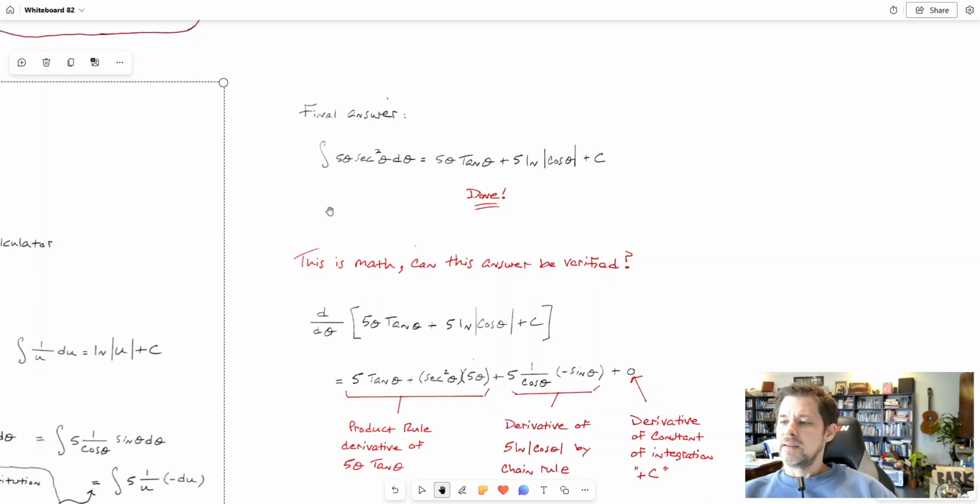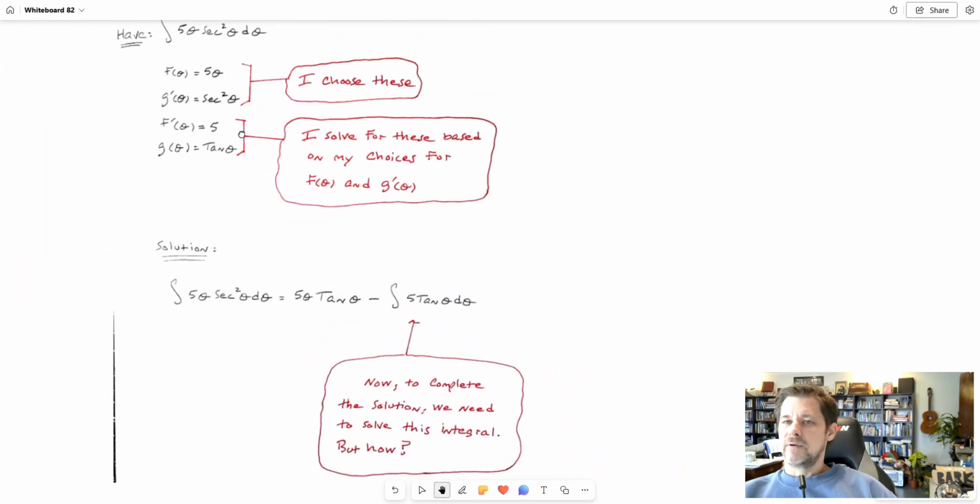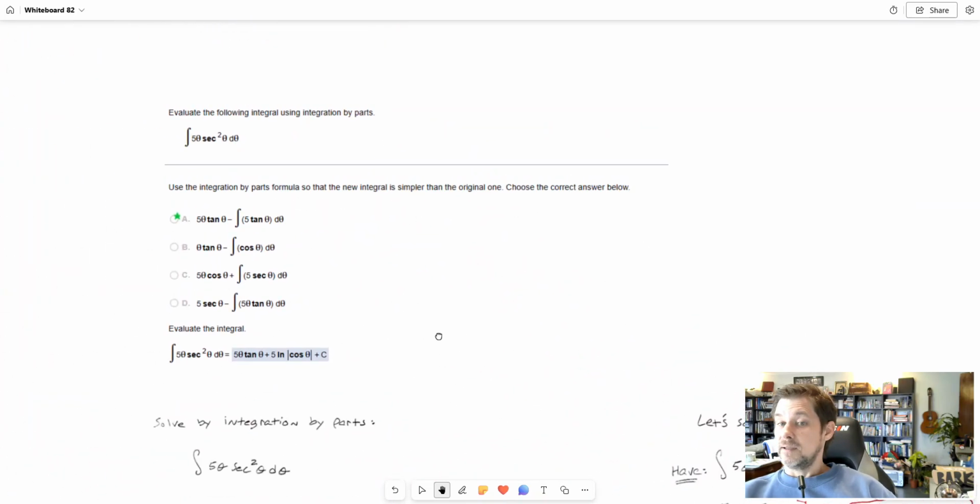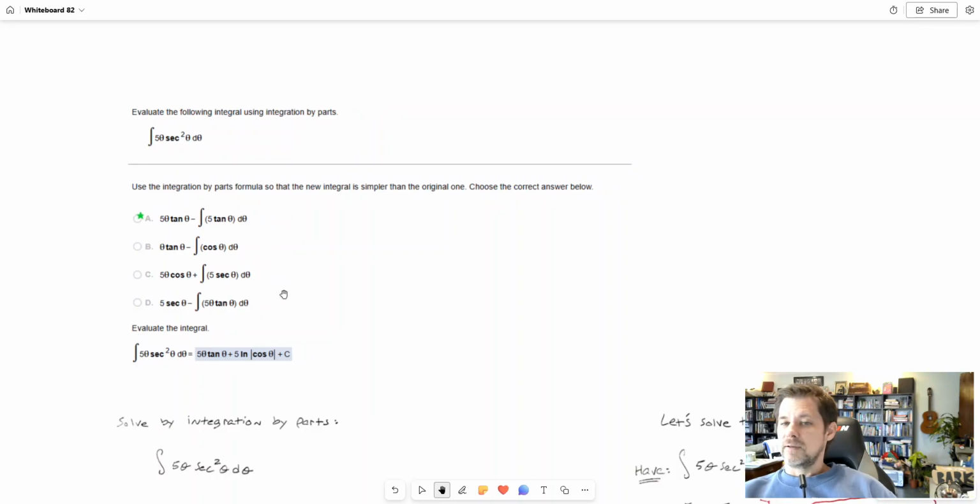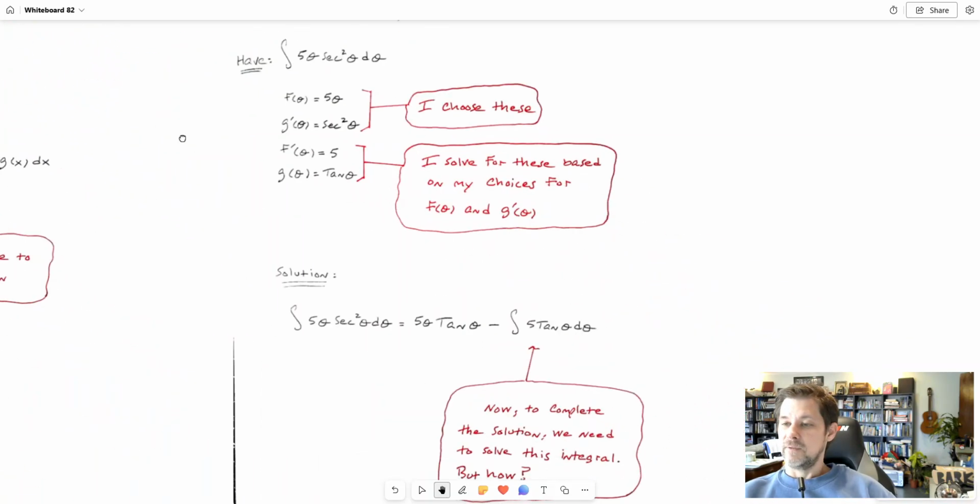Now if I go back to this question on my math lab, the way it's presented there, one part of this question is what the setup would be. Notice this selection A right there appears in my work, and then when I solve this second integral left there, I got that final answer. So you can see it all there in terms of the answer template on my math lab as being consistent with what I've done.